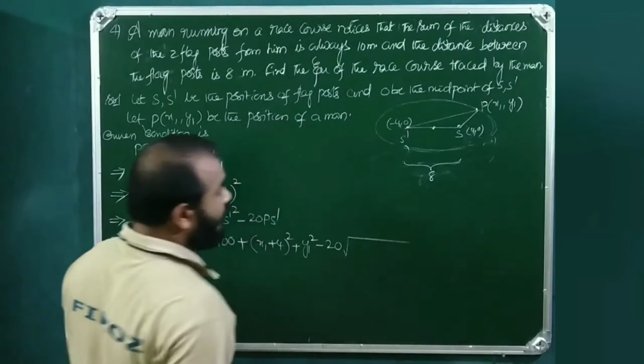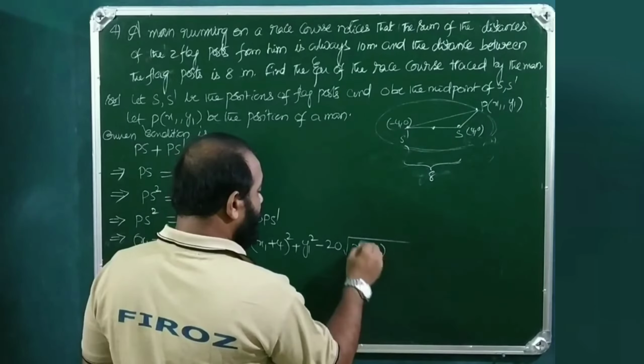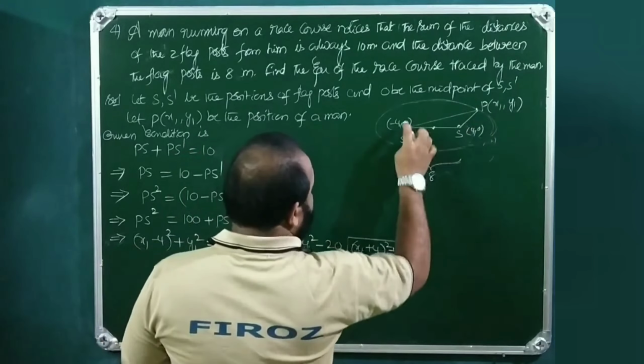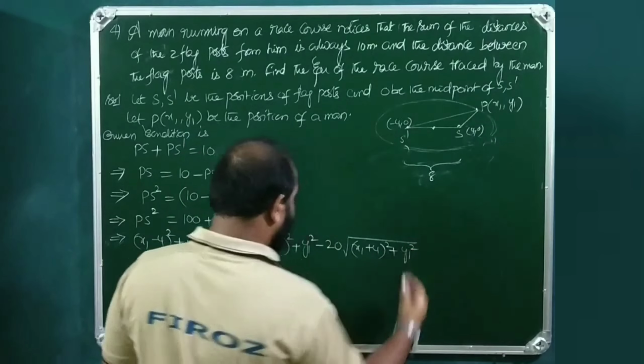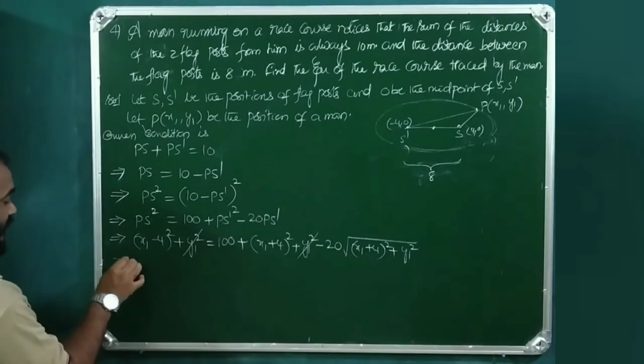So PS dash is the square root of (x1 plus 4) whole square plus (y1 minus 0) whole square, which is y1 square. So y1 square on both sides gets cancelled.